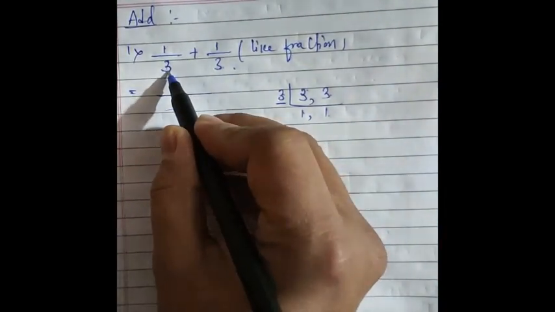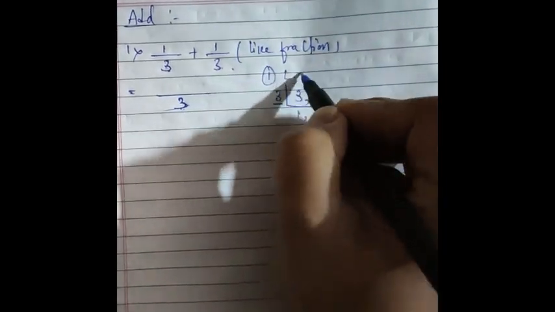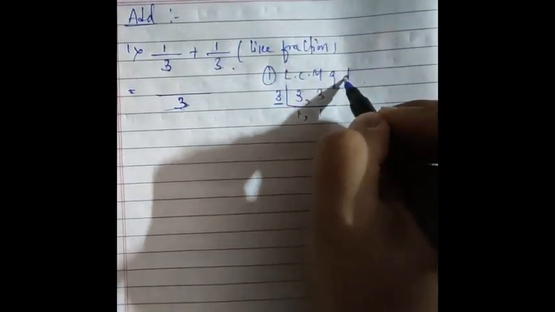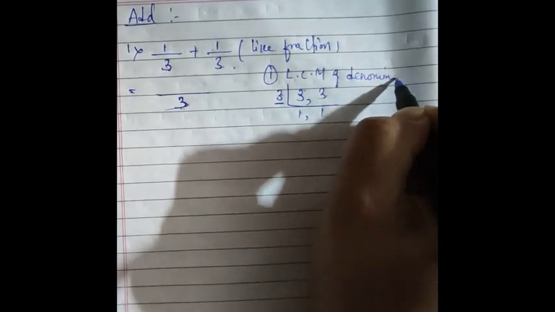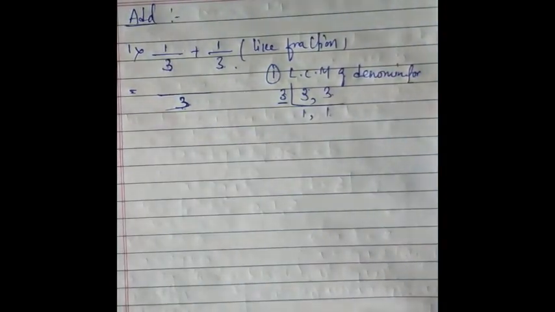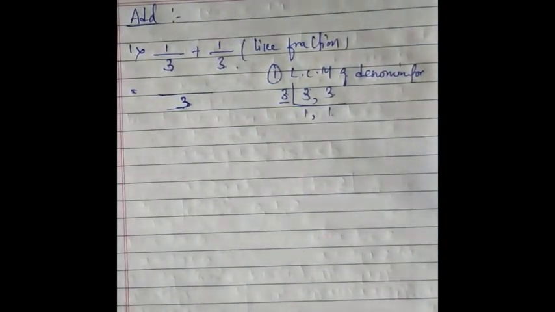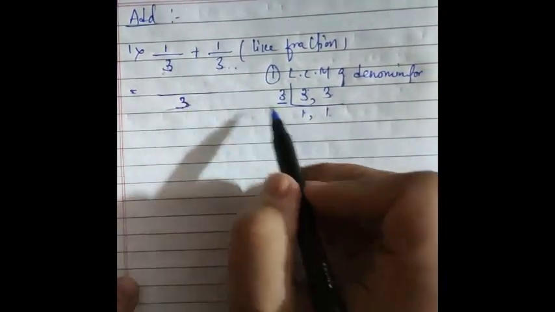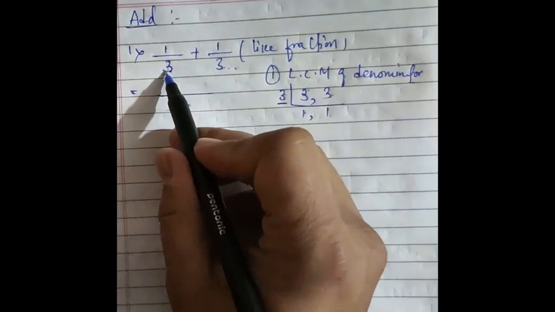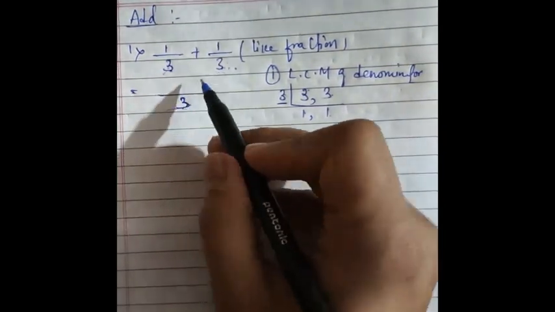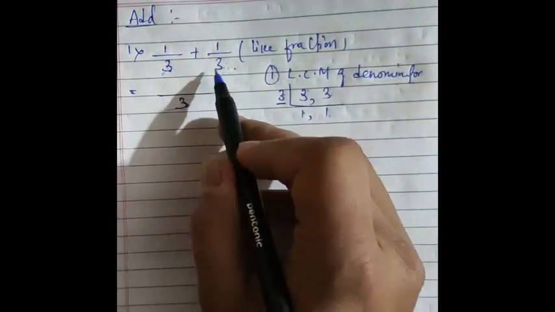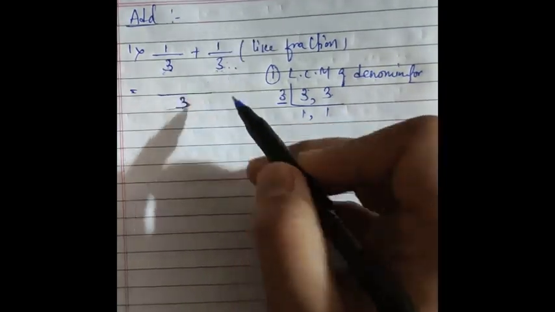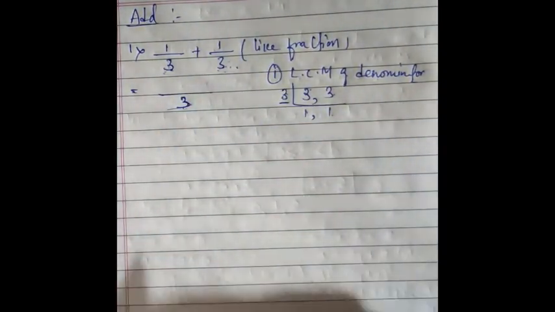Now first of all we will find the LCM of the denominators. Whatever the fraction is, whether like or unlike, we will deal with this case only. Whether it is 3 and 3, or 3 and 4, or 3 and 5, or if you are supposed to add more than 2 fractions, you can follow this rule.